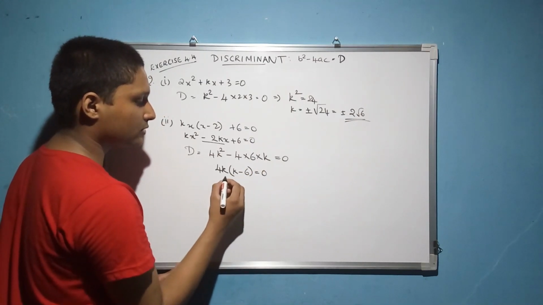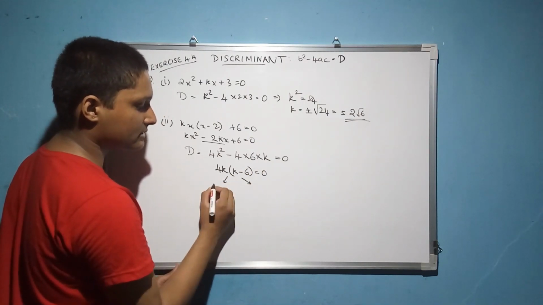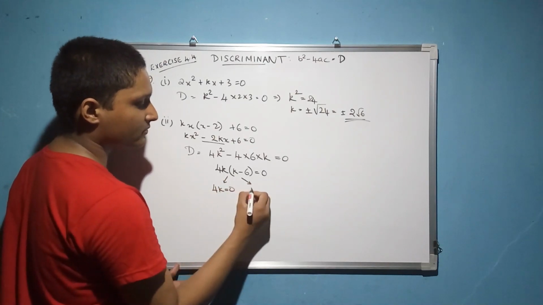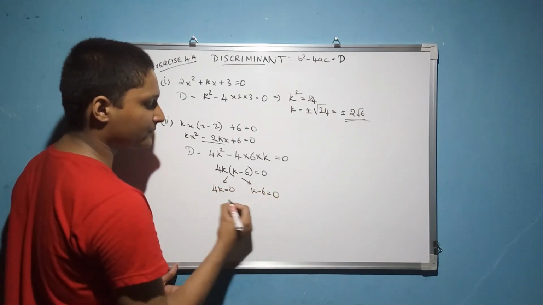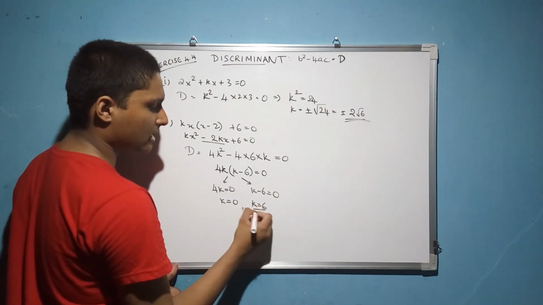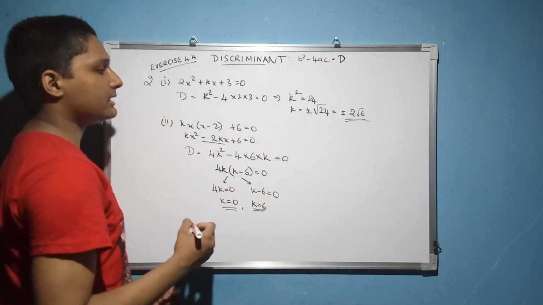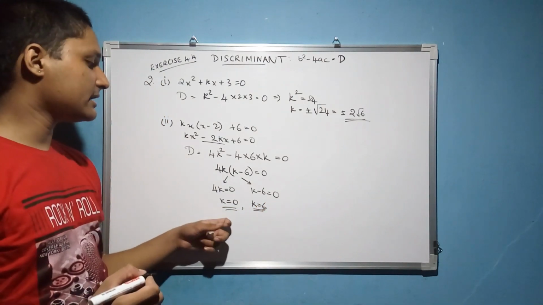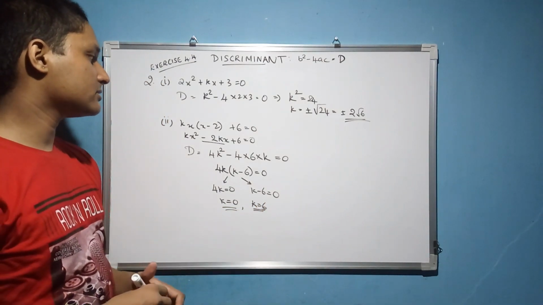So we arrive at two cases, that is 4k is equal to 0 and k minus 6 is equal to 0. Therefore k is equal to 0 and k is equal to 6 are the two possibilities.